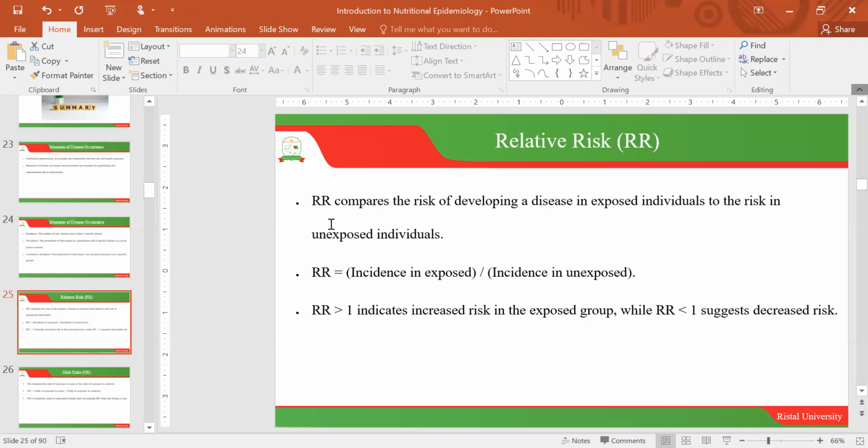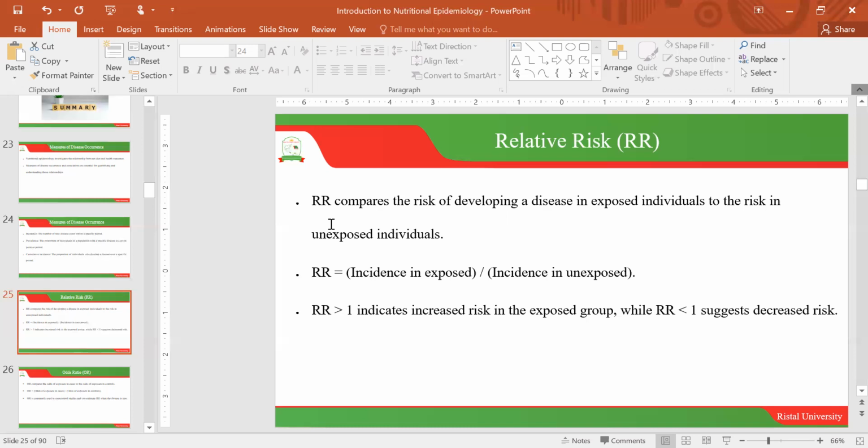The answer you get will give you information on whether taking sugary drinks will increase your chances or not. If after dividing you get an answer more than 1, it means that the chances of developing diabetes type 2 are high if the person takes a lot of sugary drinks.